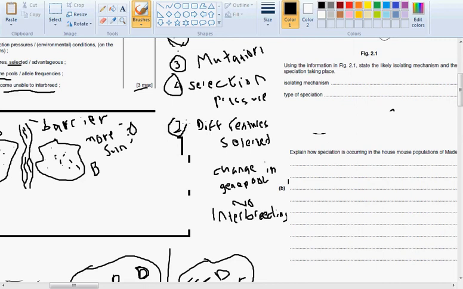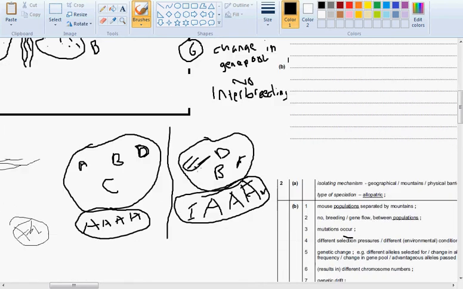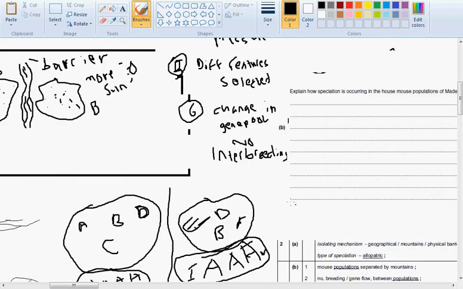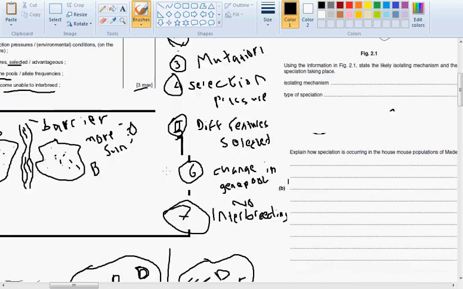Different features selected, right? Change in gene pool, that was the 5th one. Then the 6th one, change in gene pool and no interbreeding, right? That's what happened. Different chromosome numbers. Okay, so then we have this no interbreeding. That's what happens over here.